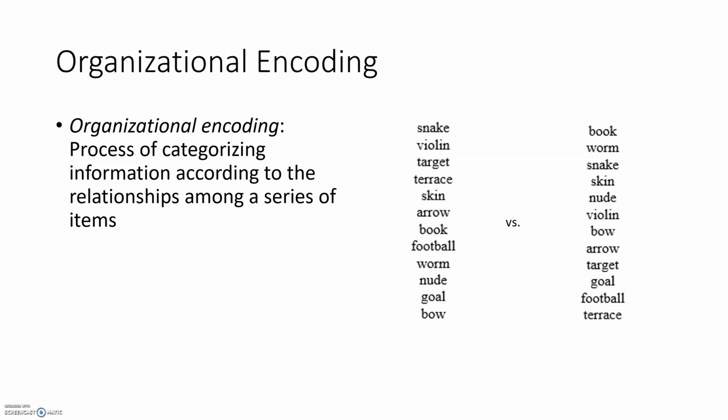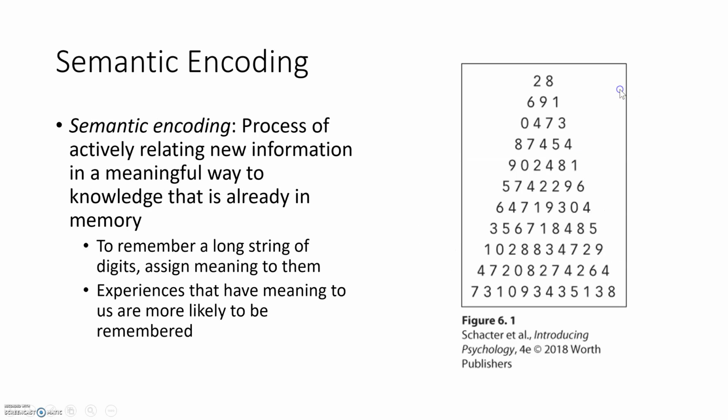And when I've done this activity in previous classes, the group that gets assigned the well-organized words always does better. Semantic encoding is where you have perhaps some random string of digits, for example, something that's not organized by meaning or relationships, but then you assign meaning on your own. So maybe you've heard of the 1 bun, 2 shoe, 3 tree, 4 door mnemonic.